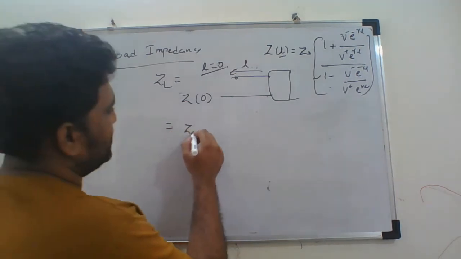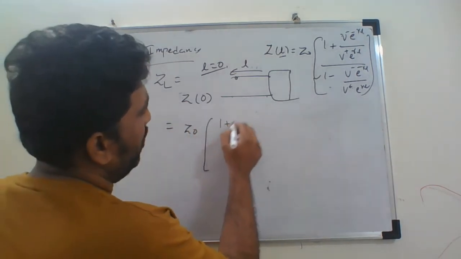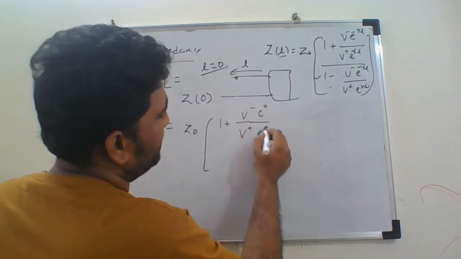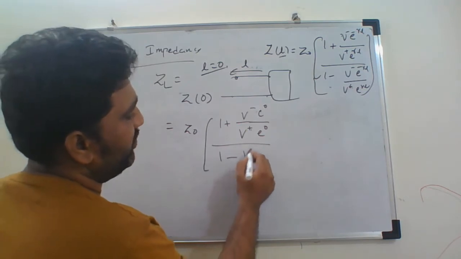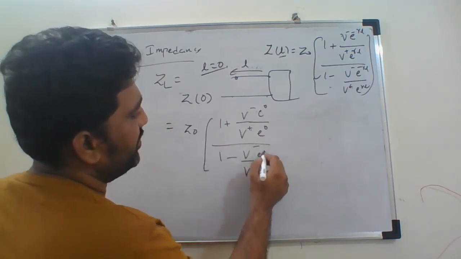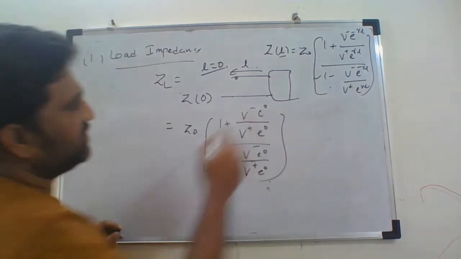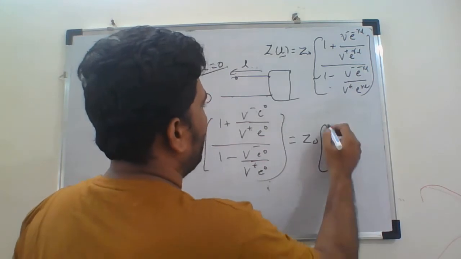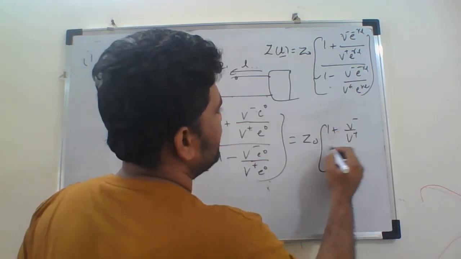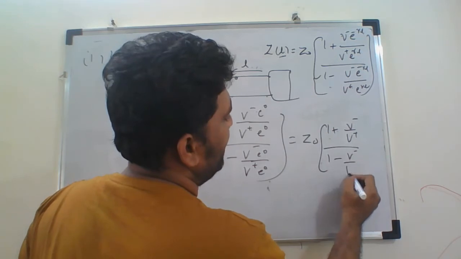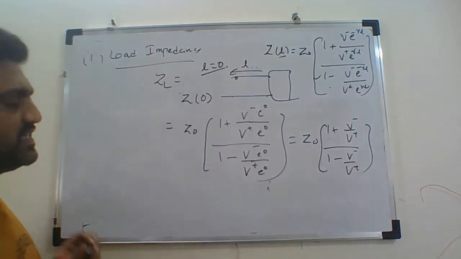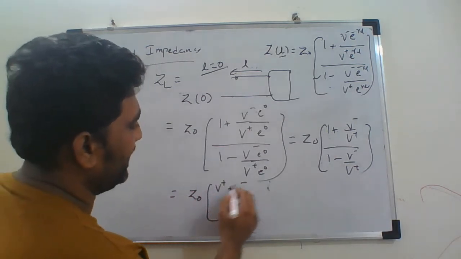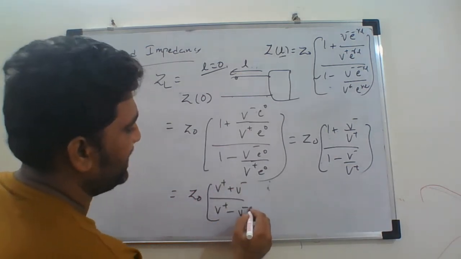Let us substitute l equal to 0 in the expression: Z naught into (1 plus V minus by V plus into e power 0) divided by (1 minus V minus by V plus into e power 0). So ZL is equal to Z naught into (V plus plus V minus) divided by (V plus minus V minus).